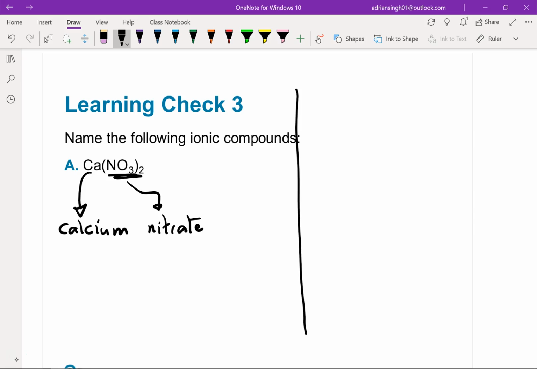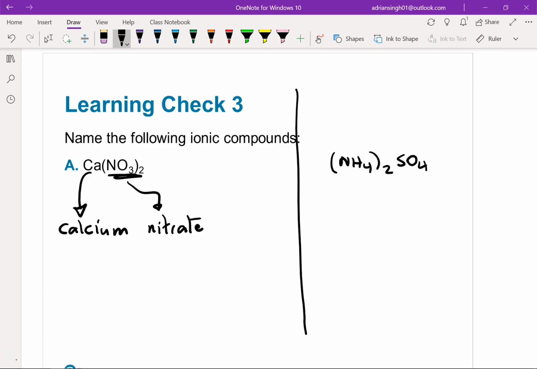Similarly, if we had something like (NH4)2SO4, that may look ultra complicated. But what's going to be your clue in some cases is that you're going to see a pair of parentheses in a formula, and that tells you right away that you're dealing with a polyatomic ion.